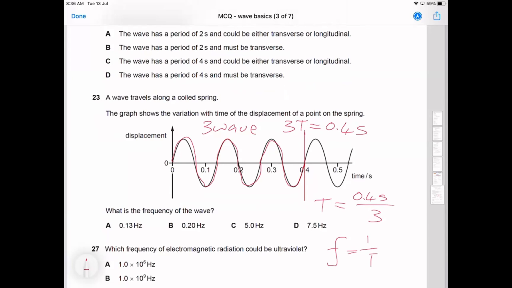So I did that, and my answer is A, but the mark scheme says that the answer is D. That's why you got 8. I don't actually have a calculator with me, so let me just have a look quickly. I'll just do it on my phone while I'm here. So 0.4 divided by 3, and then I need to do 1 over that. 1 divided by, answer 7.5.